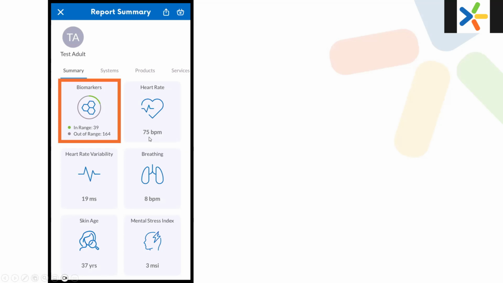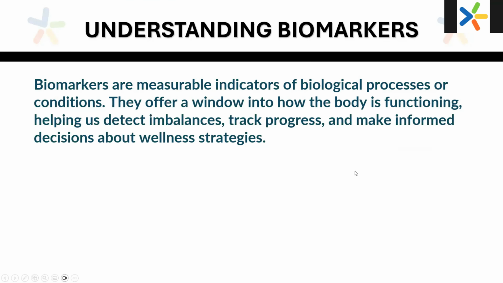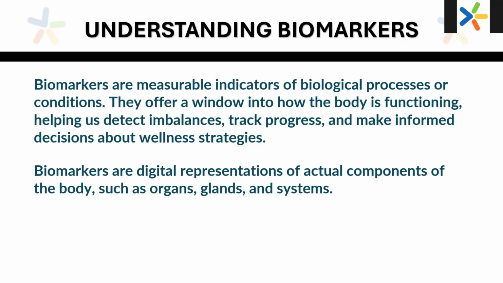Biomarkers go first. If you touch it with your finger, it'll bring up an explanation. Biomarkers are measurable indicators of biological processes or conditions. They offer a window into how the body is functioning, helping us detect imbalances, track progress, and make informed decisions about wellness strategies.